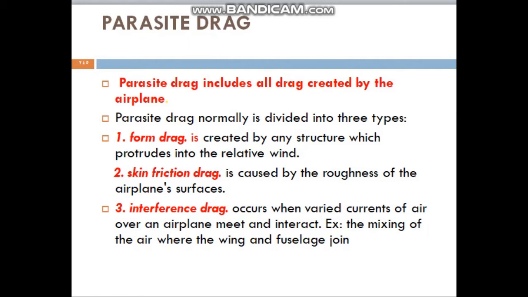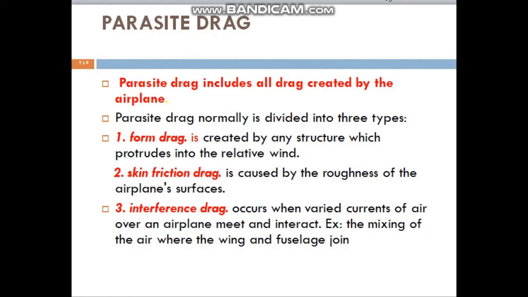Form drag is created by any structure which protrudes into the relative wind. The second form, skin friction drag, is caused by the roughness of the airplane's surface.